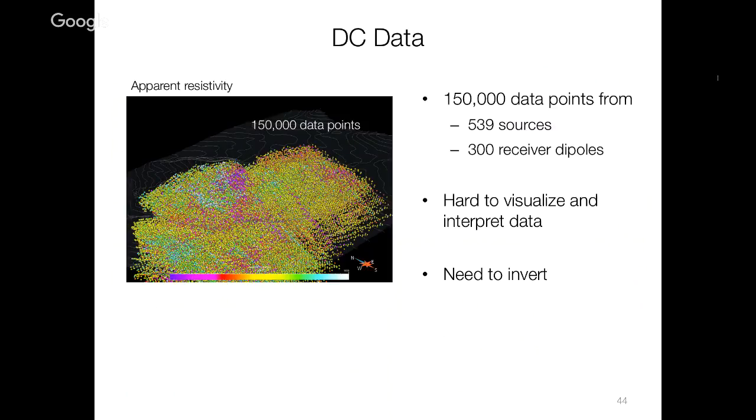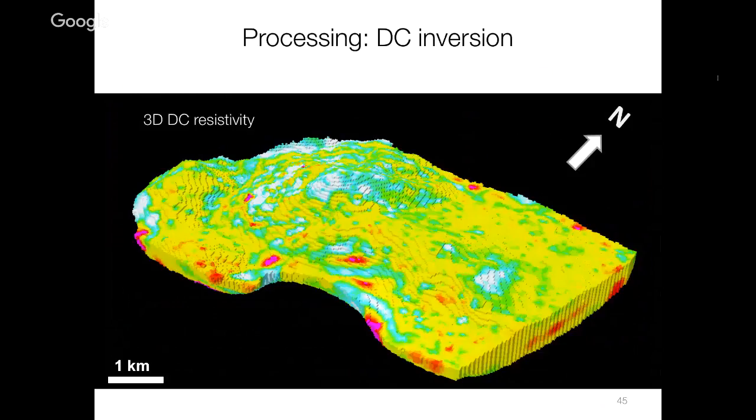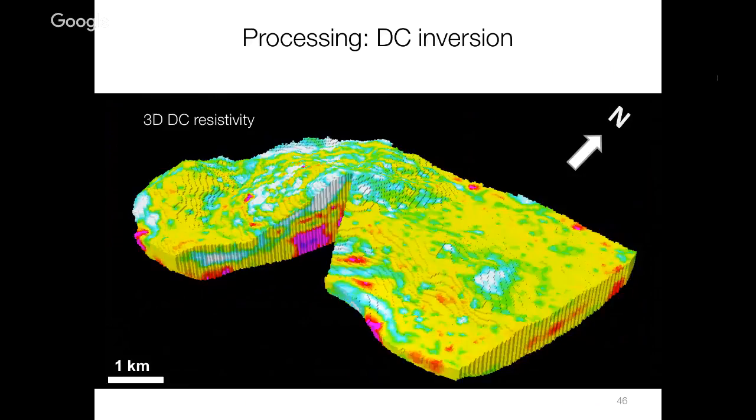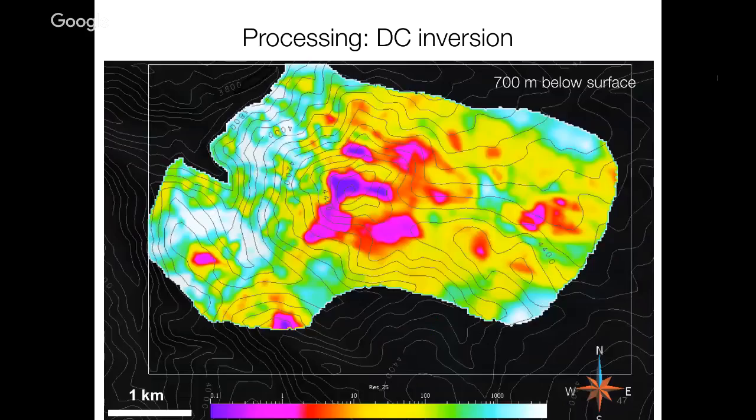So the DC data is 150,000 data. You can't really make much sense of that. That's sort of an apparent resistivity. But if you process and invert, you get some kind of a volume that looks like that. If you take a pie slice out of it, there's a good conductor, low resistivity zone. If you plot it up, it's got this kind of circular geometry to it.